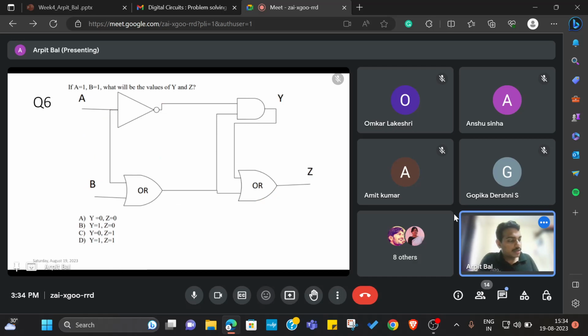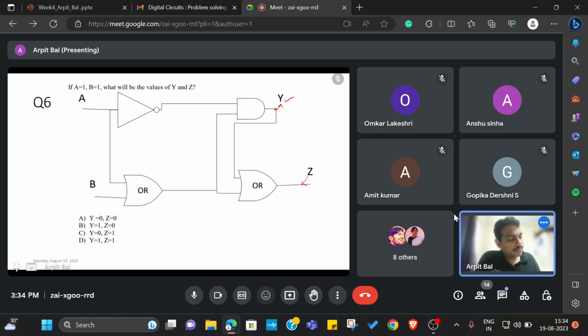Okay, so here we have another circuit, and what we need to find out is the corresponding value of Y, that is this node, and Z, that is the output node. Okay, so you need to do the same thing that we have been doing for the past 5 questions. So instead of using expressions like A dot B, you can directly replace the values of A is equal to 1 and B is equal to 1.